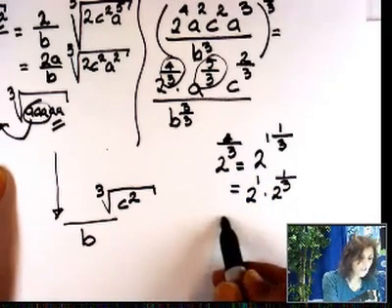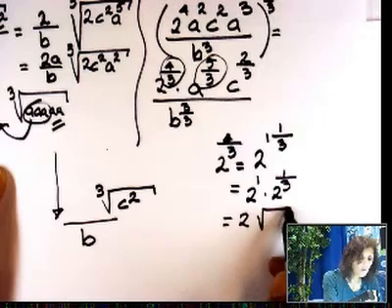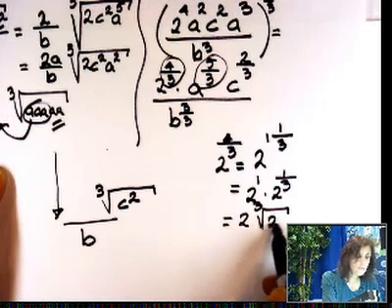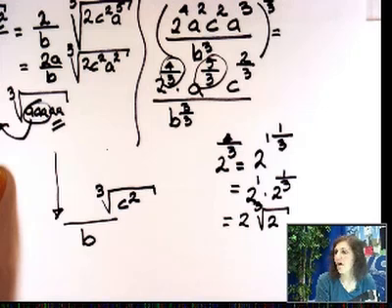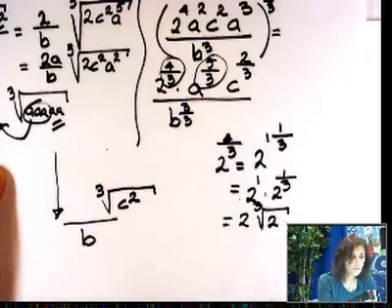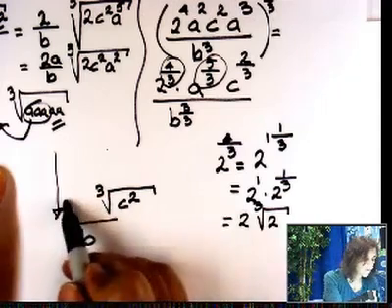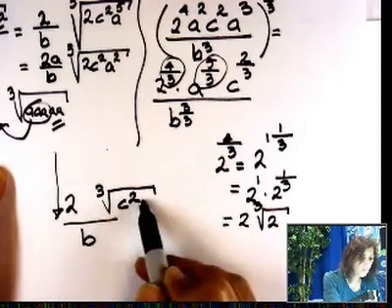Which means 2 cube root of 2. Does it make sense? All right, 2 to the 4/3 became 2 cube root of 2.